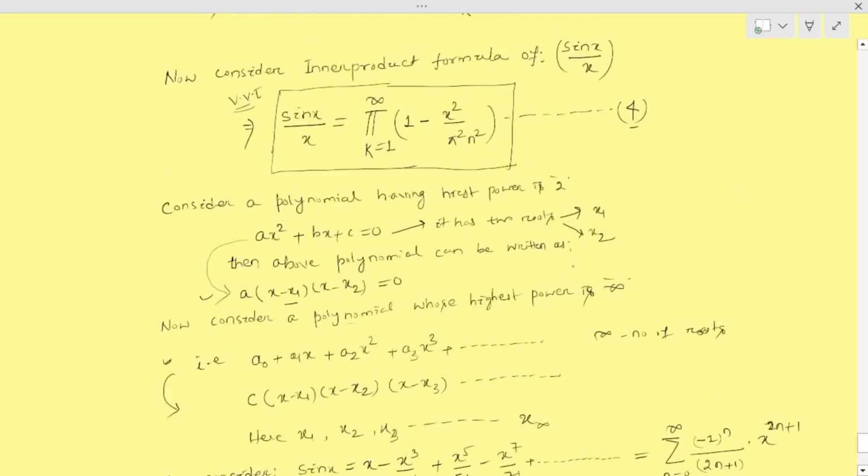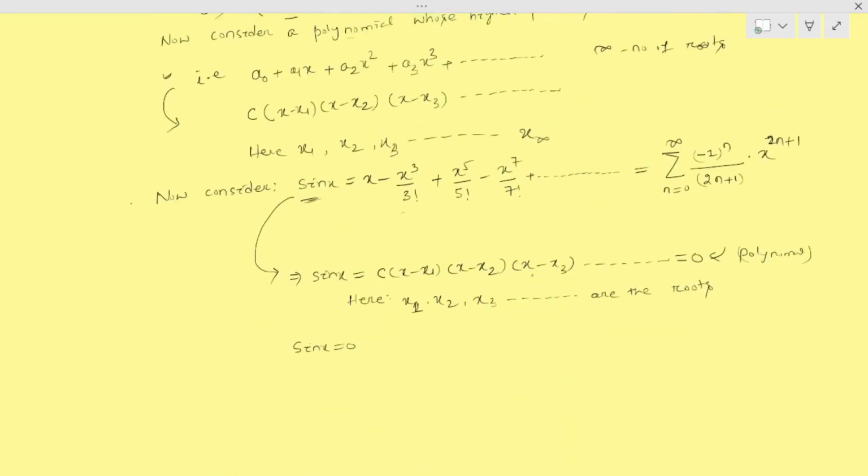Here this is your polynomial having highest power 2, and this can be written as a product of two terms. Here sin x has highest power infinite, that means we can get infinite number of roots, and sin x can be represented by a product of infinite terms. If it is equal to 0, then it is nothing but a polynomial.